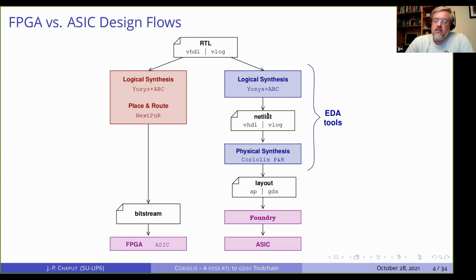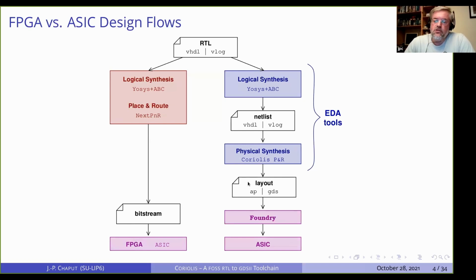Starting with the logical synthesis, we get a netlist, which is an electrical netlist, written either in VHDL or Verilog, the most common formats for that. Following that step, we have the physical synthesis. That is, we put together all the bits to fabricate the so-called layout, which can be of two kinds, either symbolic or real in GDS.